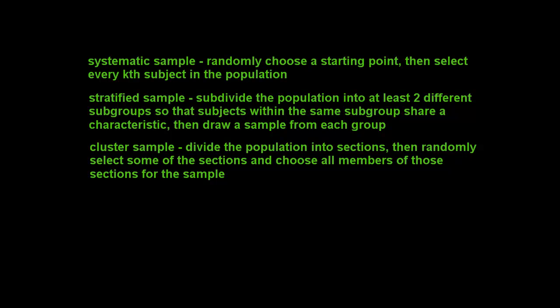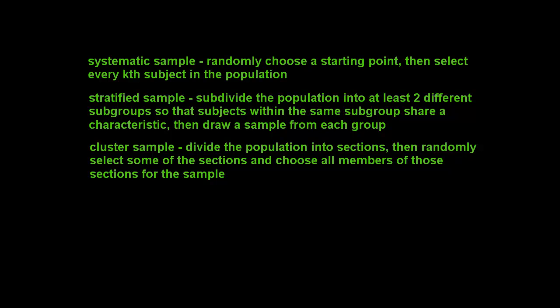In stratified, you sample from all of your subdivided groups. In cluster, you cluster them and then select some of those clusters. And then notice you survey all the members in the clusters you selected. In stratified, you draw a sample from each one of your groups. Okay, so there's a big difference here.